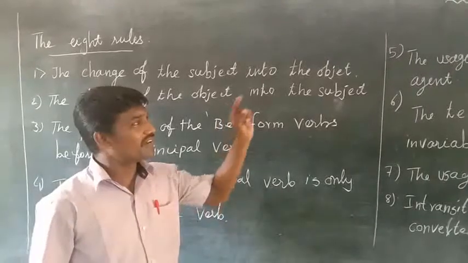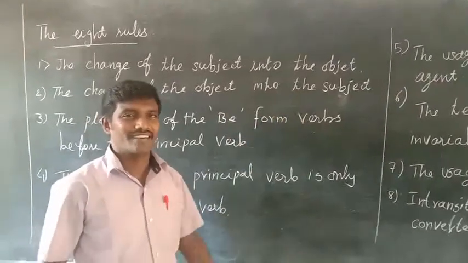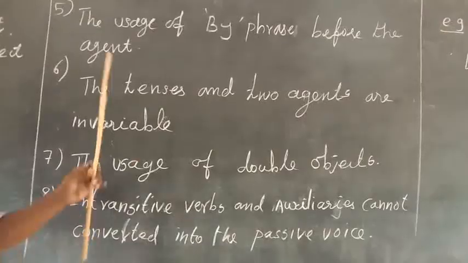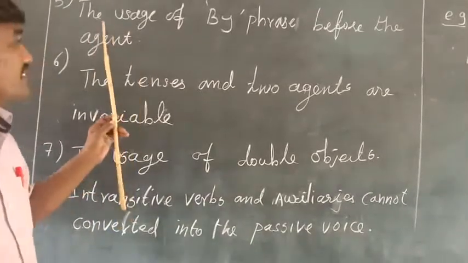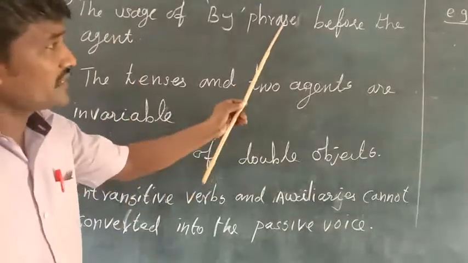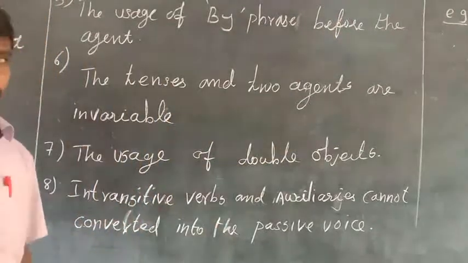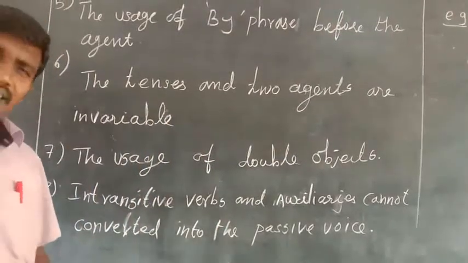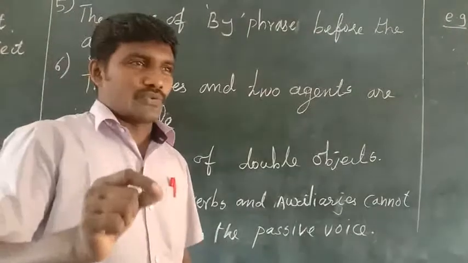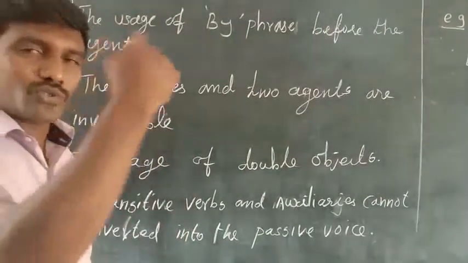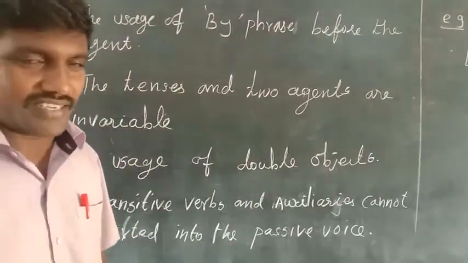Okay, moving on, 5th rule. The usage of the by phrase before the agent. Who is called the agent? If the subject goes to the object place, that is called the agent.